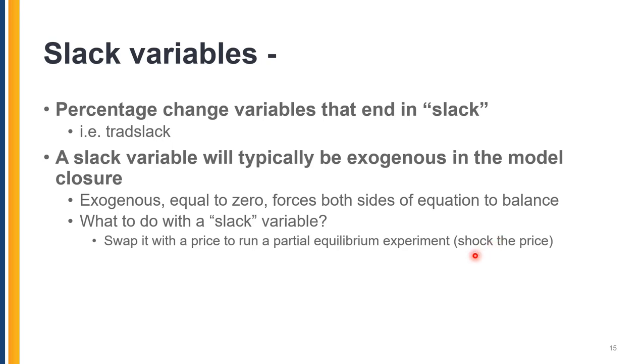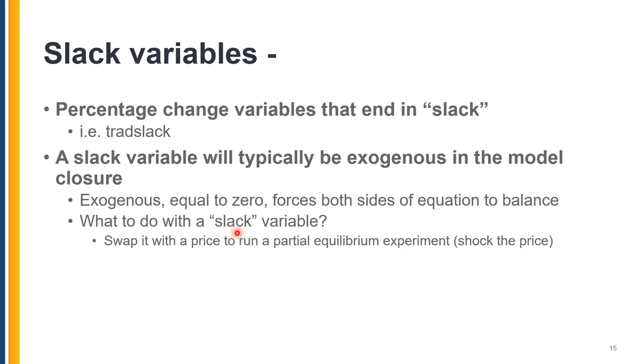You want to shock a price by 1% just to see what the responses are on the demand side. Well, you might want to turn off the market clearing condition, because the market clearing condition determines the price. Or you may want to narrow down to a few particular sectors and run something like a partial equilibrium commodity model for wool and lambs and whatever. In theory, this trade slack, turning off some of the market clearing conditions, would allow you to do that.